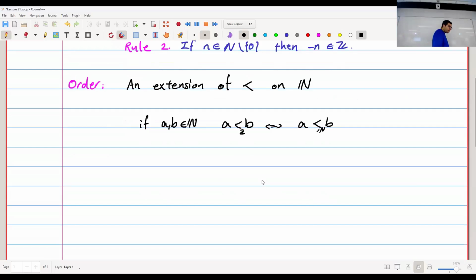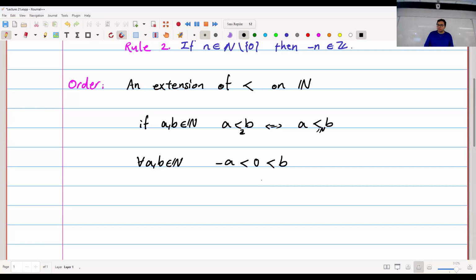Okay, then I need a way to compare negative numbers and positive numbers, and also to compare them to 0, right? For that part, it's pretty easy. I say for every A and B that are natural numbers, minus A is less than 0, and that's less than B. So all the negative numbers are less than 0.